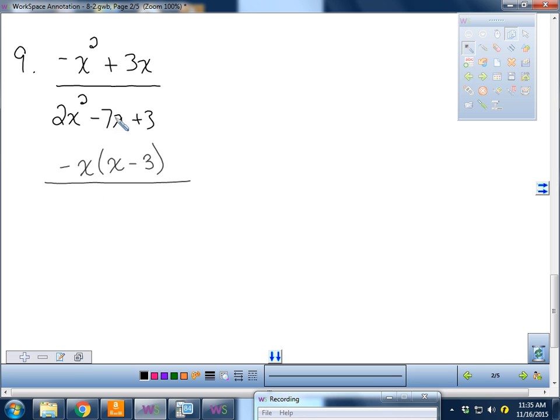On the bottom, I do have a trinomial. So there's a number in front, so we need to do the illegal move just to make things easier on ourselves. That would give us 2 times 3, which is 6.